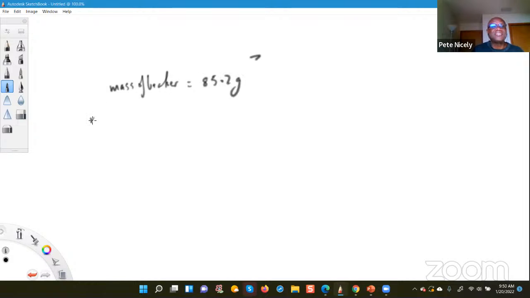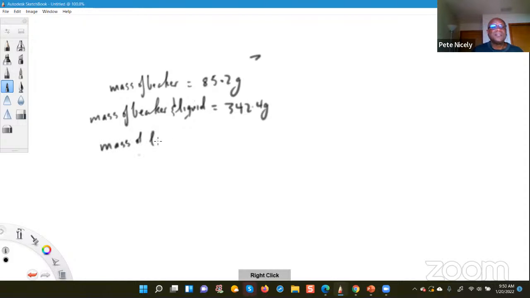And then the mass of beaker and liquid is equal to 342.4 grams. So therefore, the mass of the liquid is equal to 342.4 grams minus 85.2 grams.